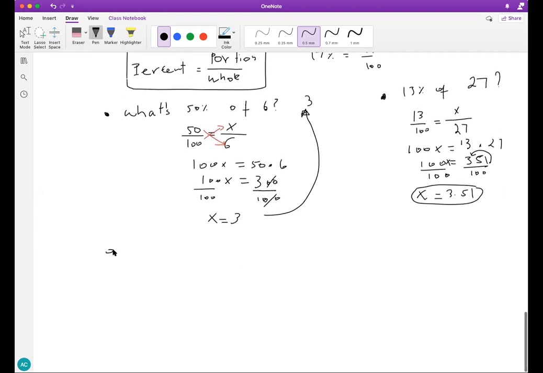Now let's see another way of asking a question like this. Let's say 2 is 50% of what number?